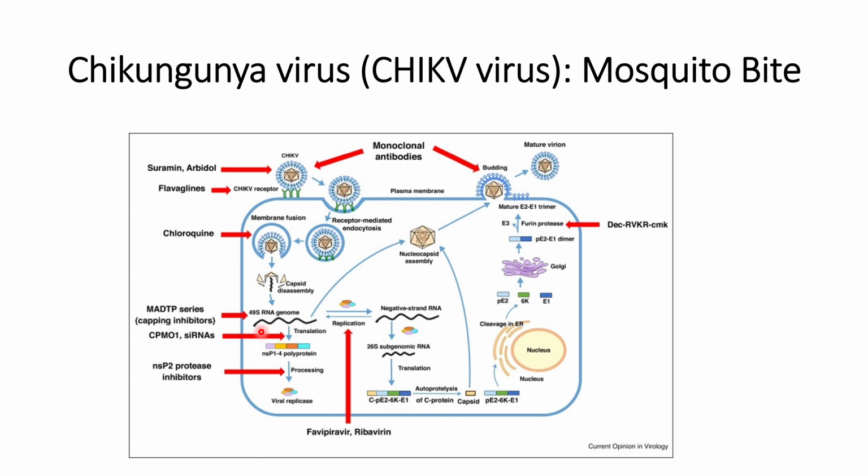From this, the 49S RNA genome will be translated into a polyprotein, and within this polyprotein, the non-structural proteins NSP1 to 4 contain a viral replicase.